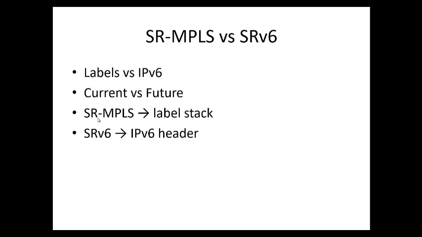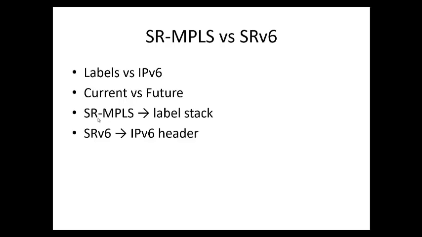In future, when it is completely IPv6, we are not going to use that MPLS header. We won't have the 2.5 layer. There won't be a need. So the IPv6 header itself is enough. No need of additional MPLS header.